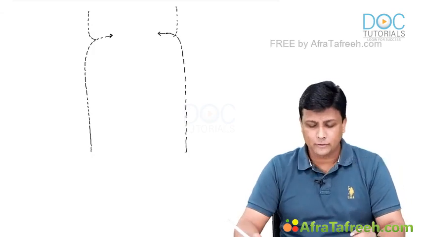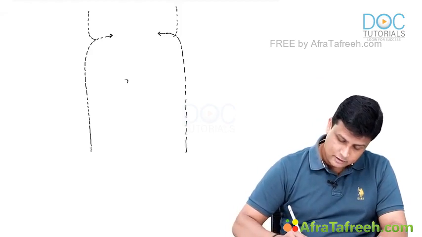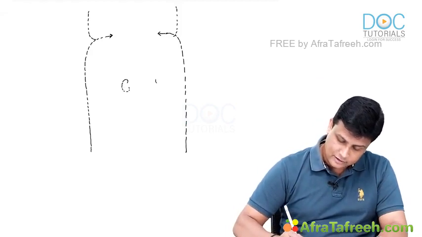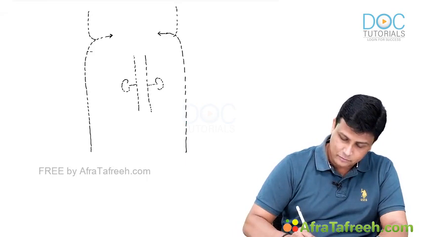Perfect. I'm not going to write down the names again and again, we already know the names. And then imagine this one to be your right kidney, and this one to be the left kidney, and from the kidneys what is going to happen here? The blood will be draining into the mesonephric vein, into the subcardinal.